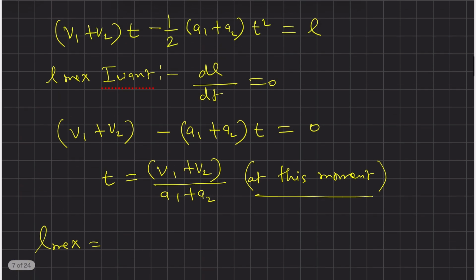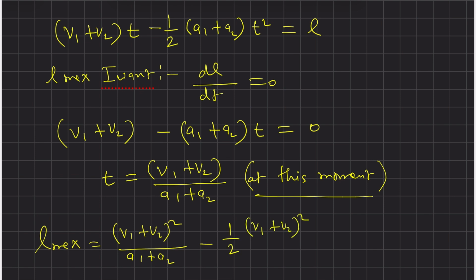If I put this value, it will become v1 plus v2 whole square divided by a1 plus a2 minus half of v1 plus v2 square divided by a1 plus a2.